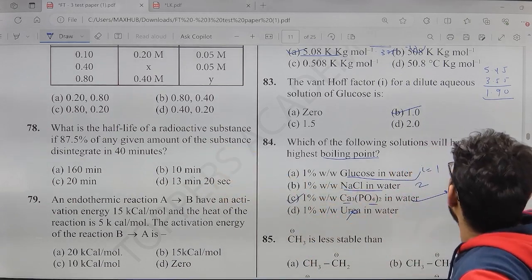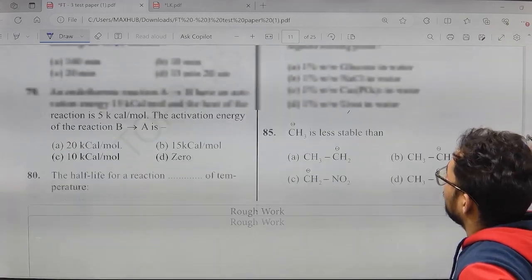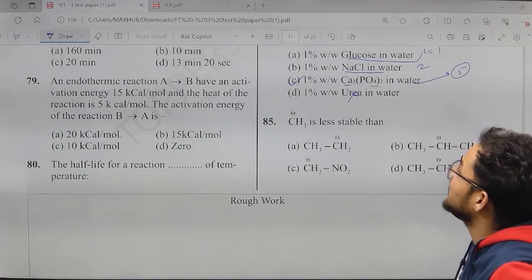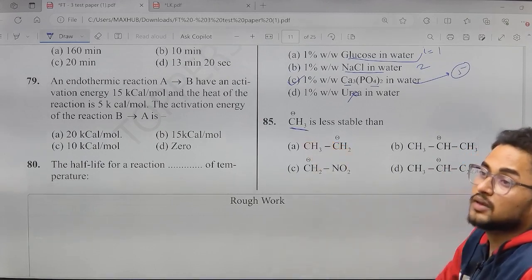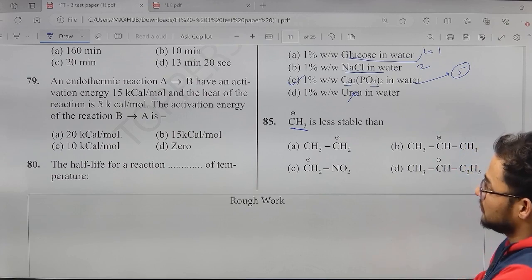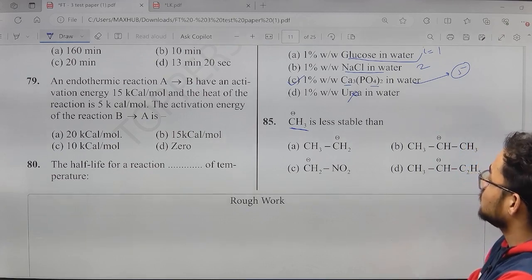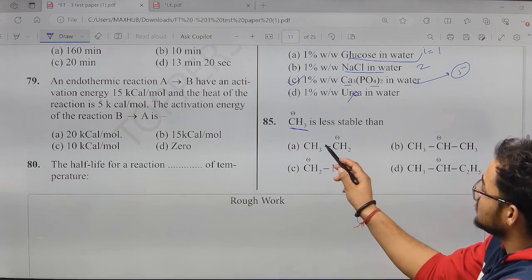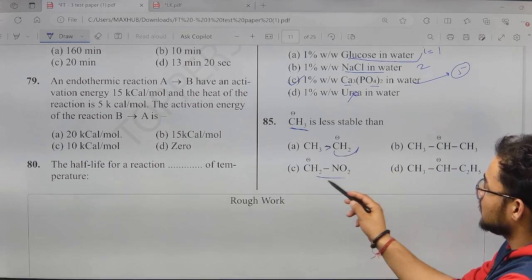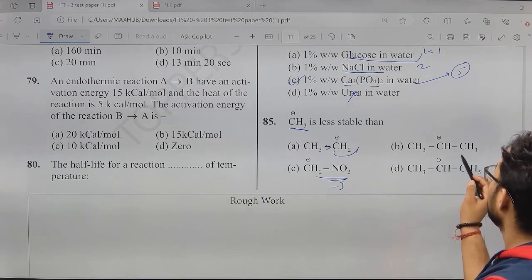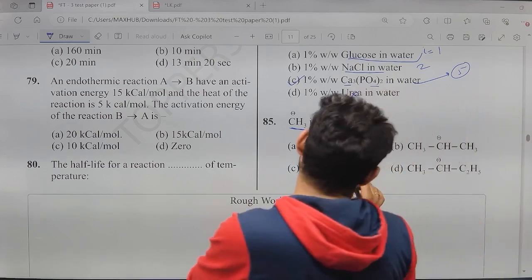Now, next question, if you will see, CH3 minus is less stable than, that means CH3 minus is more stable as compared to which option? You can see that here it is unstable, here it is stable because of minus I effect of NO2, so it is more stable.